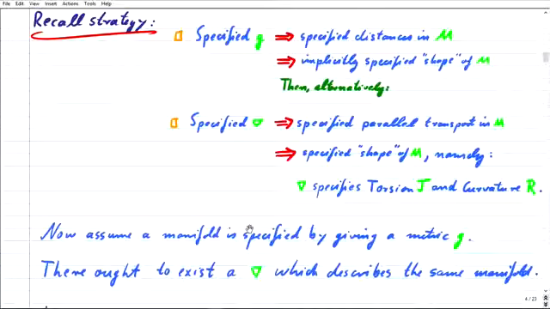So remember, we had two ways to specify the shape of a manifold so far. Either we specify a metric on a differentiable manifold that gives us infinitesimal distances and implied also finite distances, and that specifies the shape of the manifold.